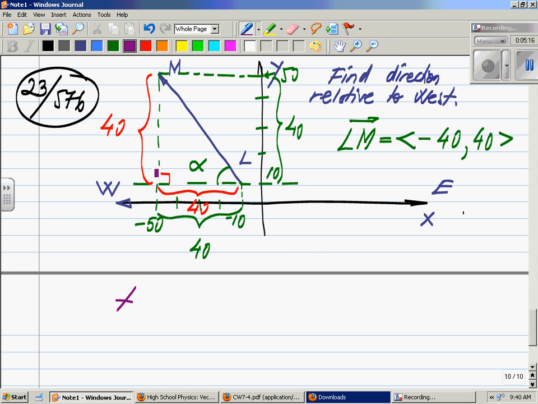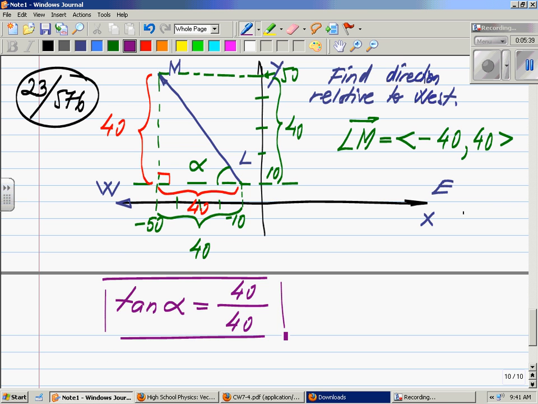What trigonometric function will work for me? Well, in this right triangle here, tangent of your angle alpha will be given by the opposite, which is 40 units, divided by the adjacent. But before I do any inverse trigonometric function, what do you notice? I have a 90-degree angle, and I have one side of 40 units, another side of 40 units.